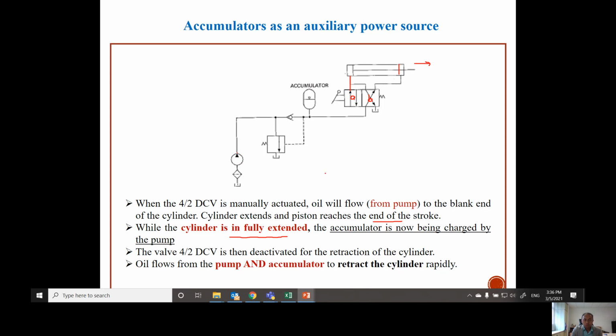The oil will now be supplied to the accumulator, or we can say that the accumulator is now being charged by the pump. Okay, because there's no other way that the oil can go further because it's already blocked at the maximum stroke here. So the accumulator will be charging the flow.